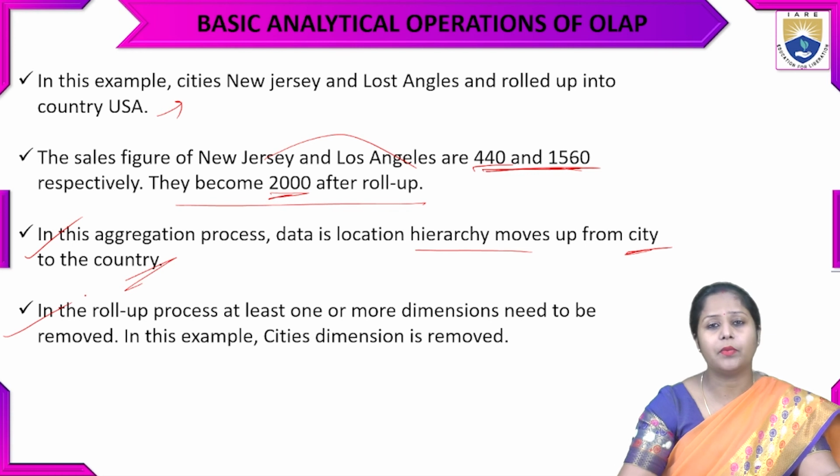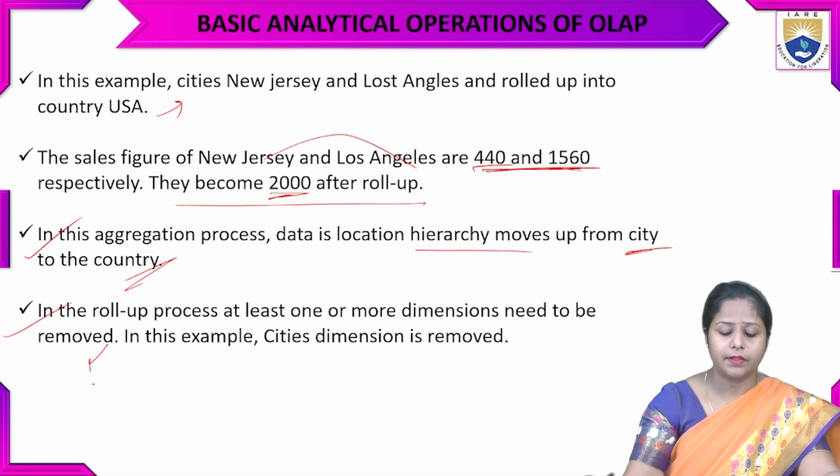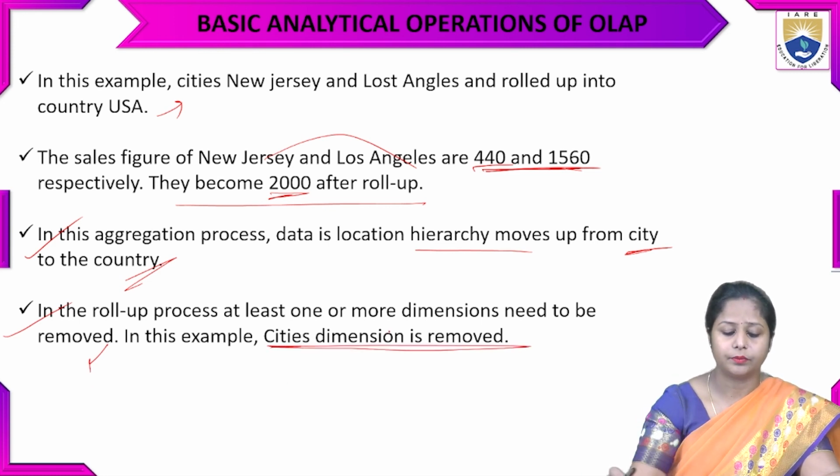In the roll-up process, at least one or more dimensions need to be removed. In this example, the city dimension will be removed.